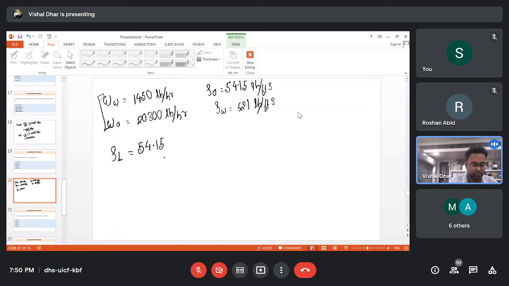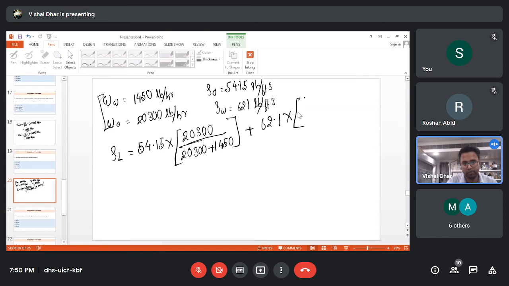To find the density of the mixture, first we multiply the density of oil with the flow rate of oil, divided by the sum of the flow rates of both the liquids, plus the density of water into the flow rate of water, divided by the sum of the flow rates of both the liquids. Solve it.